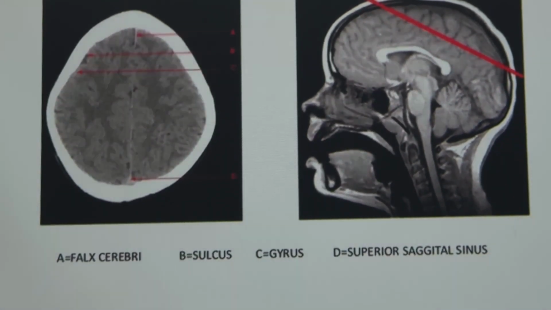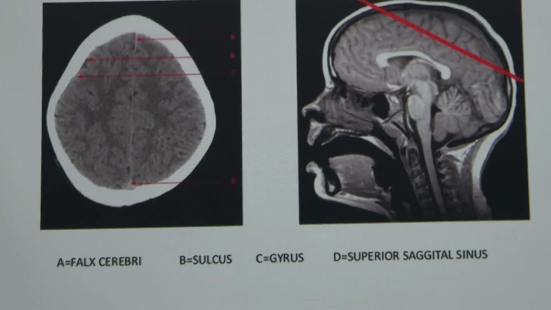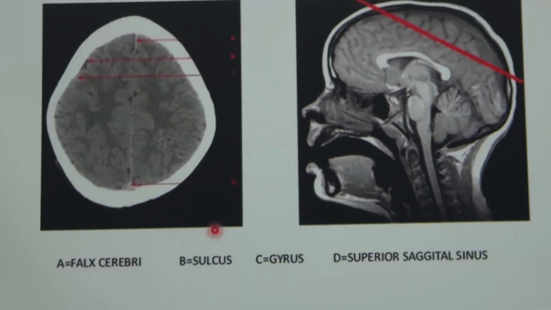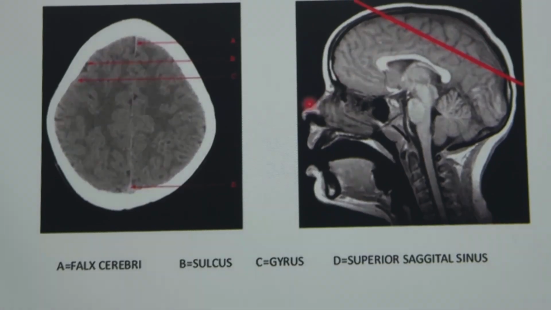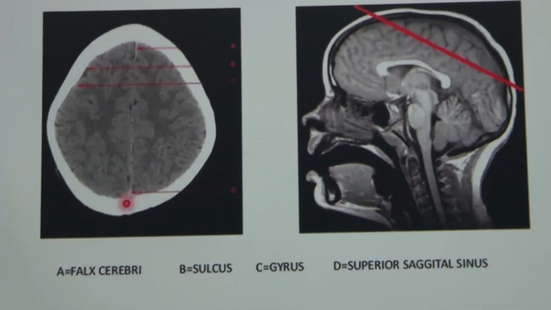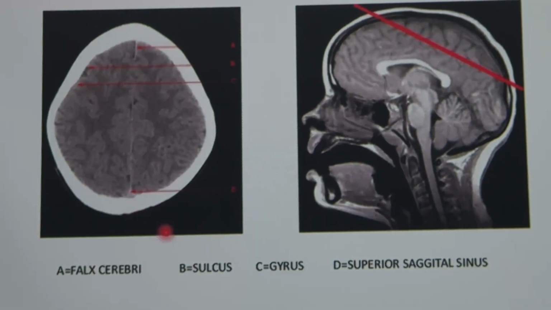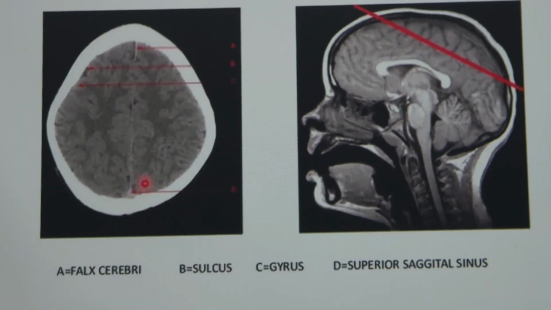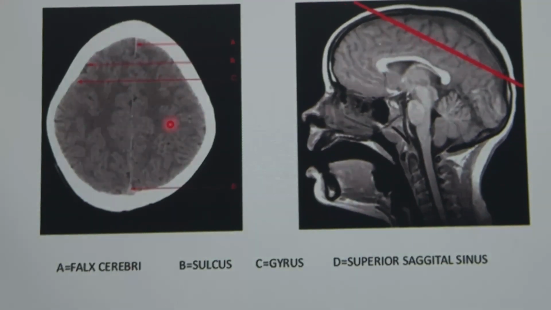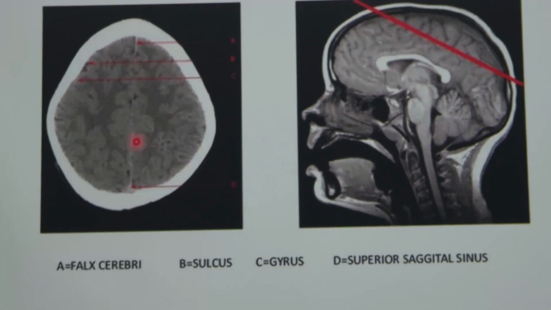This is the top maximum point of the brain, which is exclusively showing the cortex and the superior sagittal sinus. This is the delta of it, and the brain here is divided into sulci and gyri, and the central part is the falx.